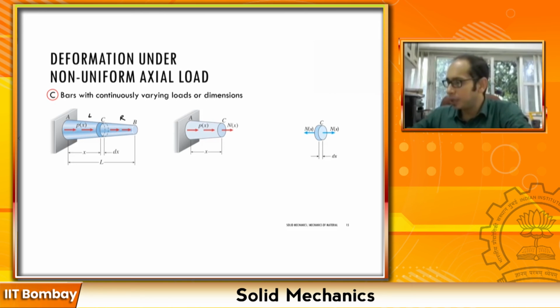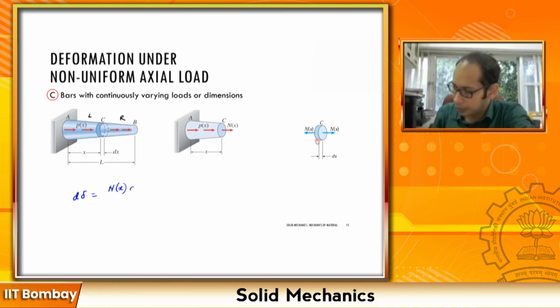So if I am looking at the equilibrium of this particular element dx, assuming that this length is extremely small, I am going to have d(delta) equal to N(x) dx.